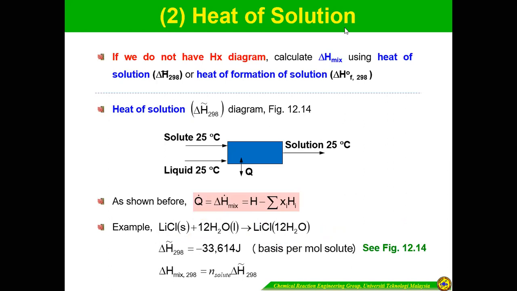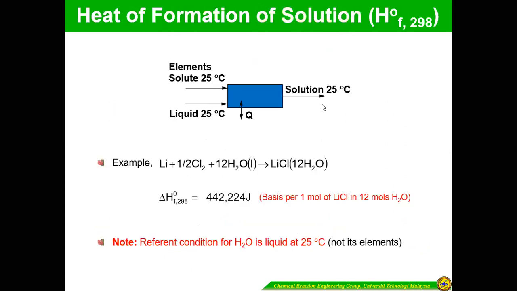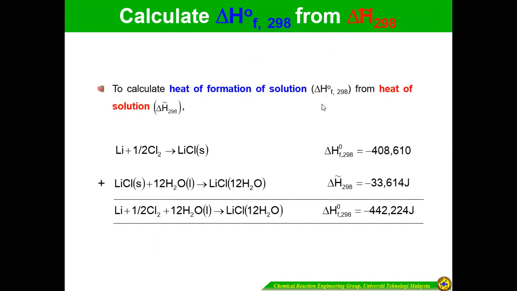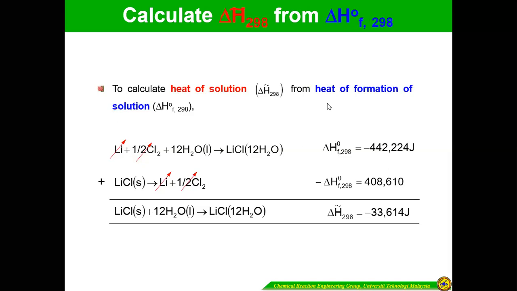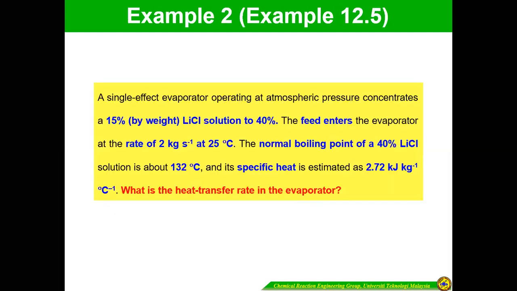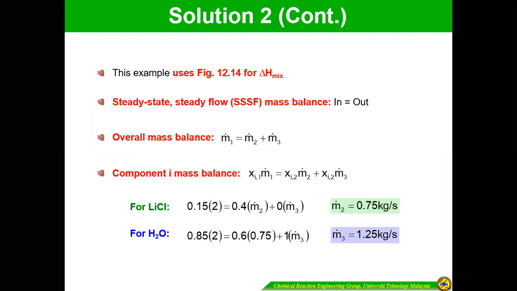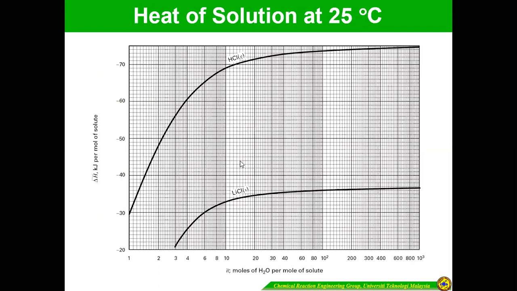For example, where's figure 12.14? I think I forgot it earlier. This one is figure 12.14. So that means the total is 12 moles of H2O per mole of solute.